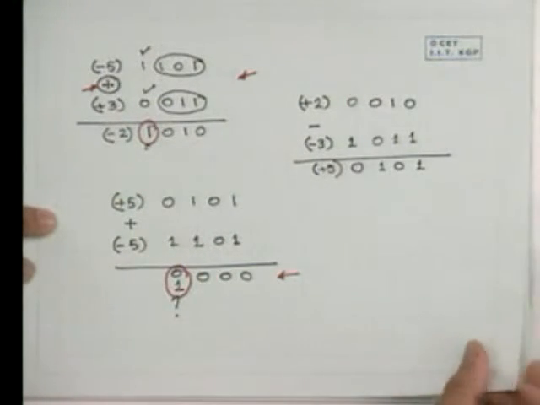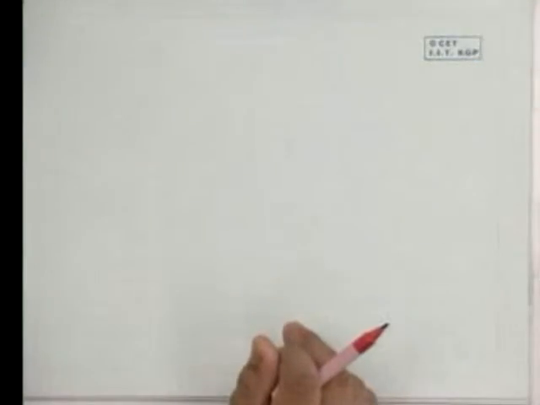So it is rarely that sign magnitude representation is used in a computer. What we actually use is a 2's complement representation to have positive and negative integers represented inside a computer. Let us see what we have in the case of a 2's complement representation.